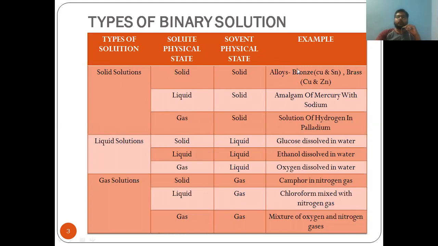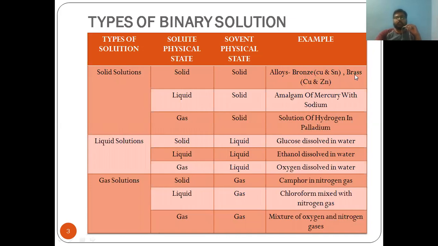Alloys are homogeneous mixtures of two or more metals. We'll consider any two metal containing alloys. The best known and important types are bronze and brass, which are the alloys of copper. Bronze is the copper alloy with tin, and brass is the copper alloy with zinc.